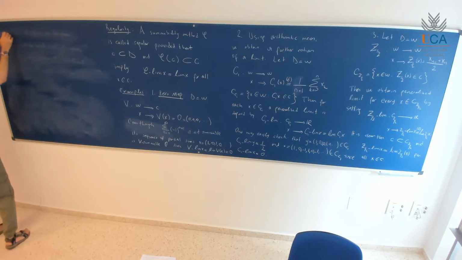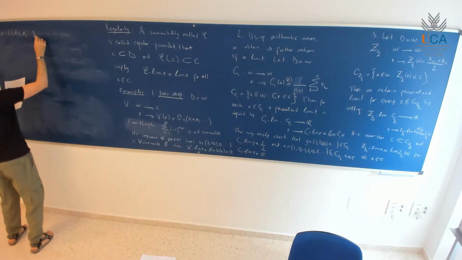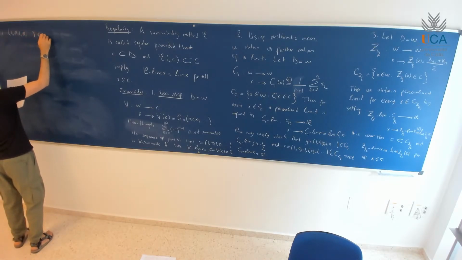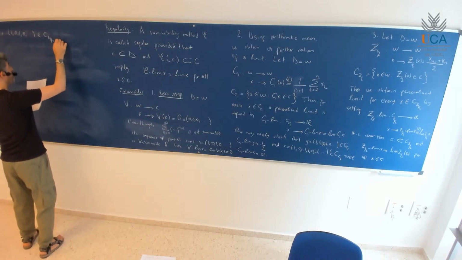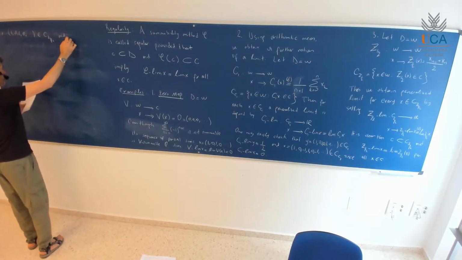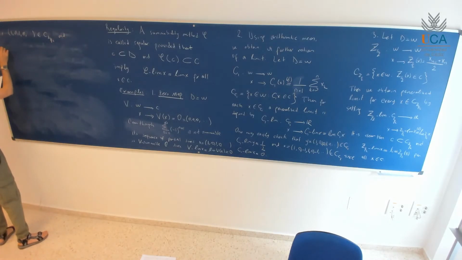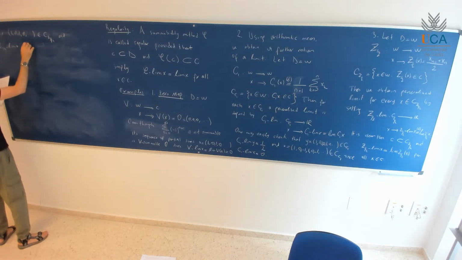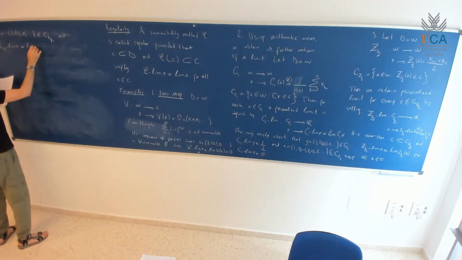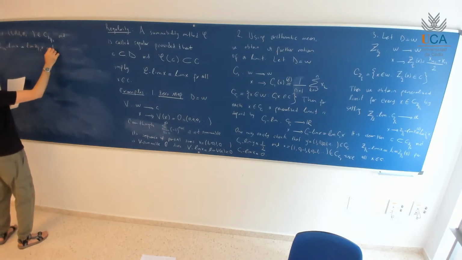Also, the sequence 1 0 1 0 is in C ∩ Z1/2 and the Z1/2-limit of x is the limit of Z1/2 x, which equals 1/2.